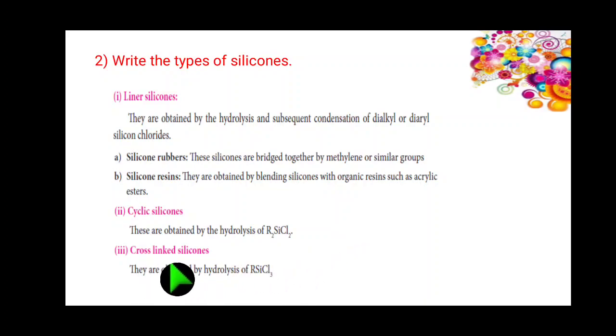Third type, cross-linked silicones, so called monoalkyl chlorosilane. These are obtained by hydrolysis of monoalkyl trichlorosilane, RSiCl3. So these are the types.